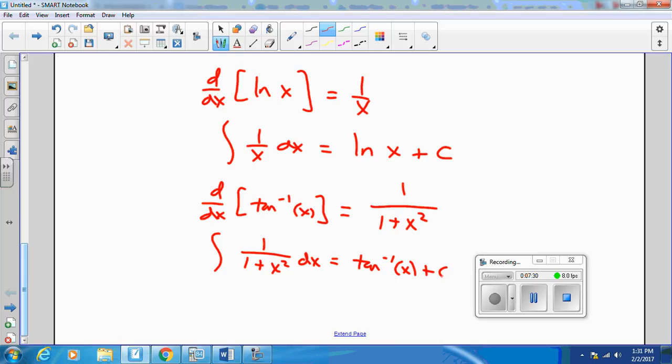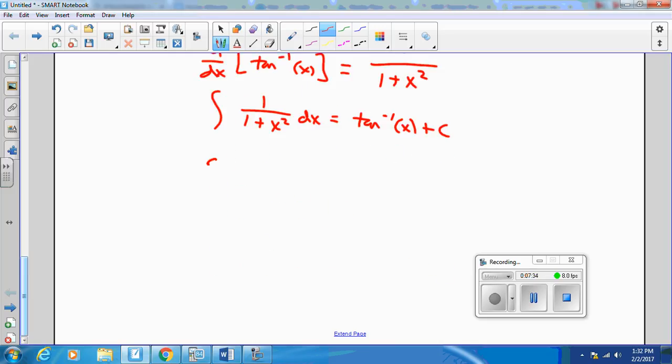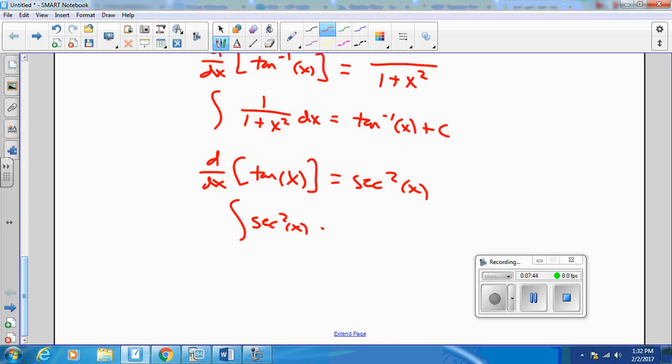Very good. Mark, the derivative of tangent is secant squared. So then the antiderivative of secant squared x dx is tangent of x plus c. Good. Do you say the dx when you say it? Yeah.